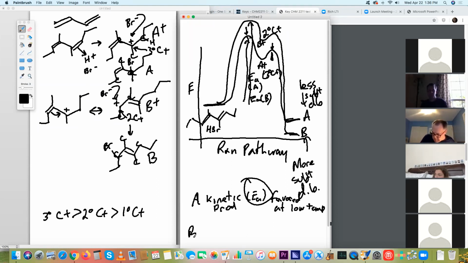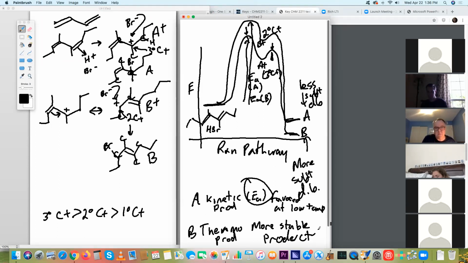Now B is what I'm calling the thermodynamic product. I'll just write thermoproduct. And that's going to be the one that has the more stable product. And that's really the key there for thermodynamics. It's all about product.